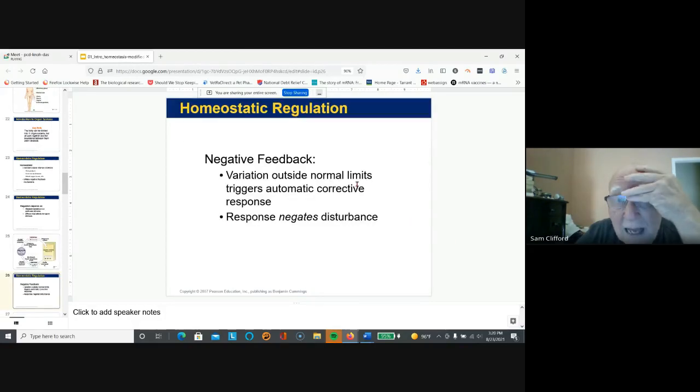So negative feedback is a system that negates a disturbance. So if you start to get very, very hot, you'll behaviorally go to get out of the sun, drink some water, sweat, and that will negate the temperature rise.